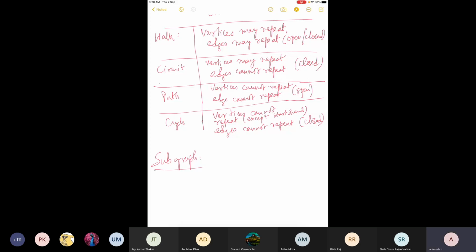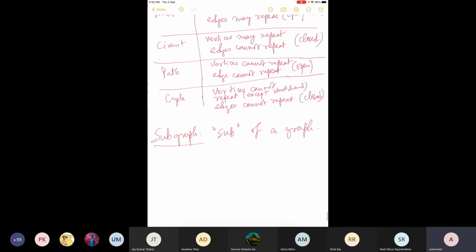A subgraph. As the name suggests, it's a sub of a graph. So what do we mean by that?